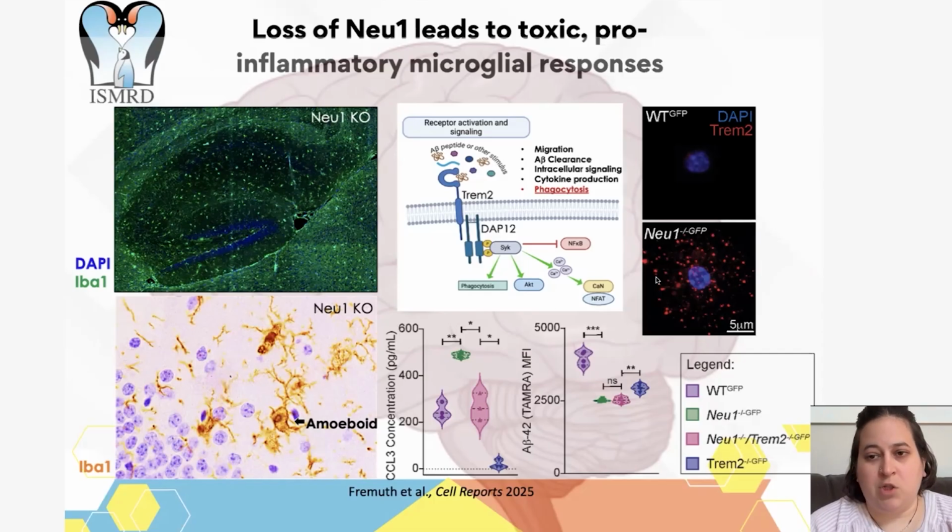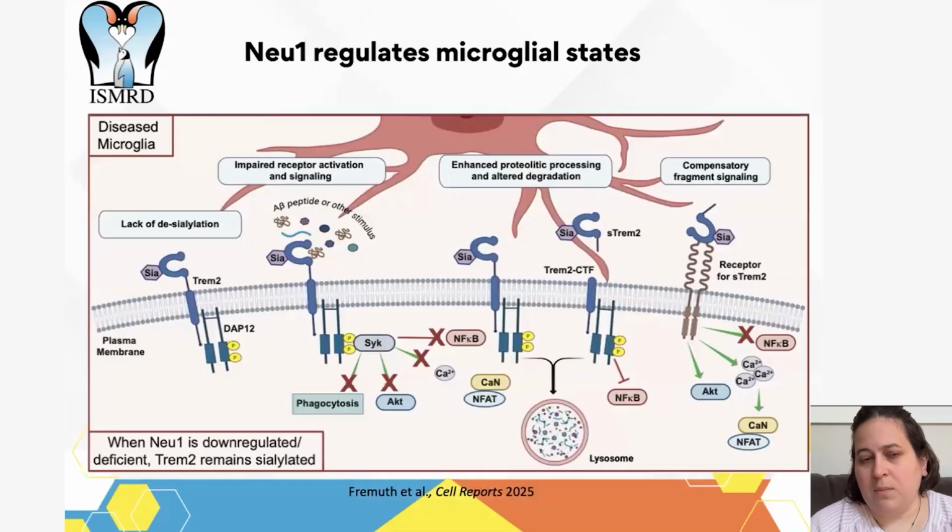When NUN is deficient, it accumulates in puncta, so it does accumulate within lysosomes and endosomes, and this results in altered microglial function on a whole, not just the function of that protein, where we have increased inflammatory responses. And I went on to show that TREM2 is a substrate of NUN.